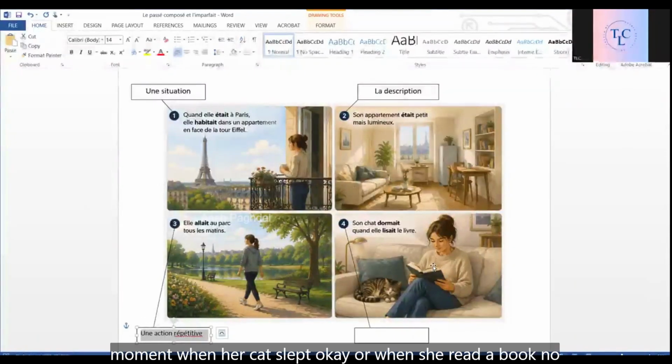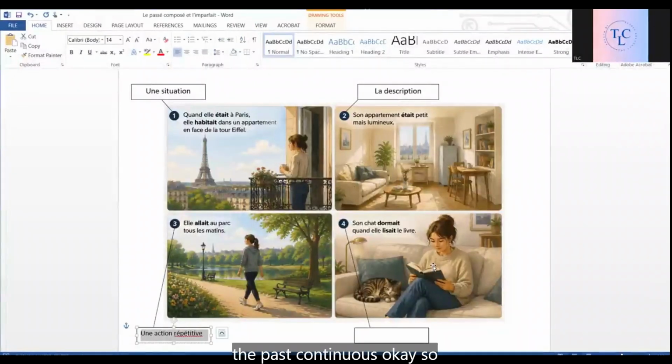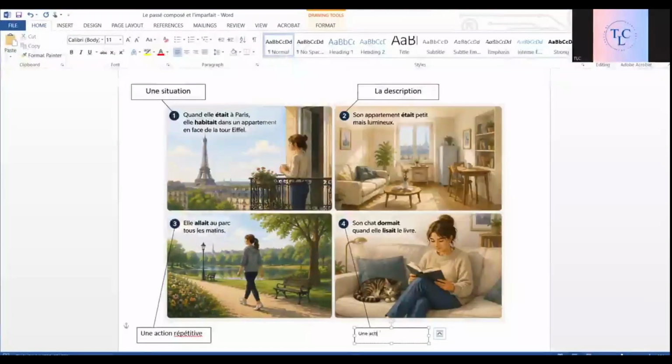We are not talking about a moment when her cat slept, or when she read a book. No, the two actions are happening simultaneously and they are the past continuous. Okay, so une action qui continue au passé.